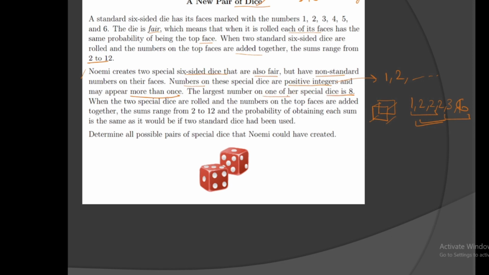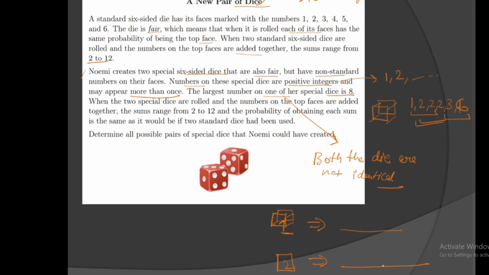As it is saying one of our special dice, we can get one thing: both the dice are not identical. Means we have something on die 1, say this to be die 1, we have 6 numbers on this and again on the second die we have 6 numbers over here.